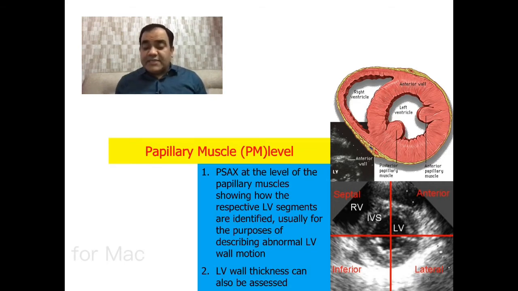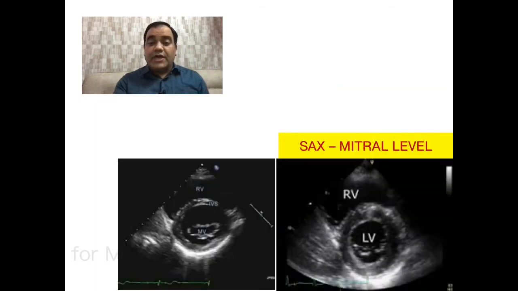And we can see clearly in this view which segments are hypokinetic, and we can describe it as anterior wall hypokinesia, lateral wall hypokinesia, inferior wall hypokinesia, or septal wall hypokinesia in echocardiography.